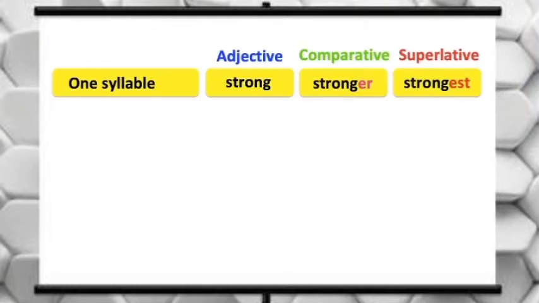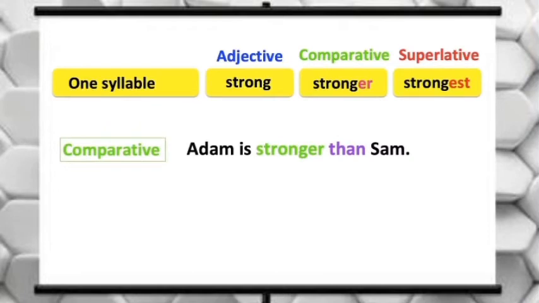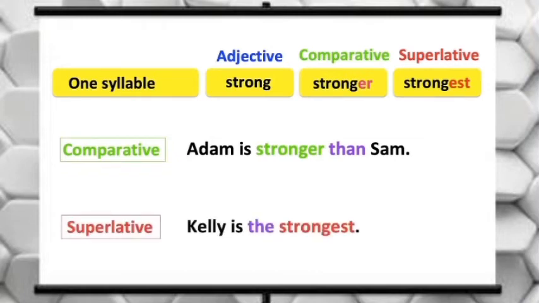For one-syllable adjectives, the rule is to add ER when forming the comparative and EST when forming the superlative adjective. For example, Adam is stronger than Sam. Here, I'm comparing 2 people. Kelly is the strongest.